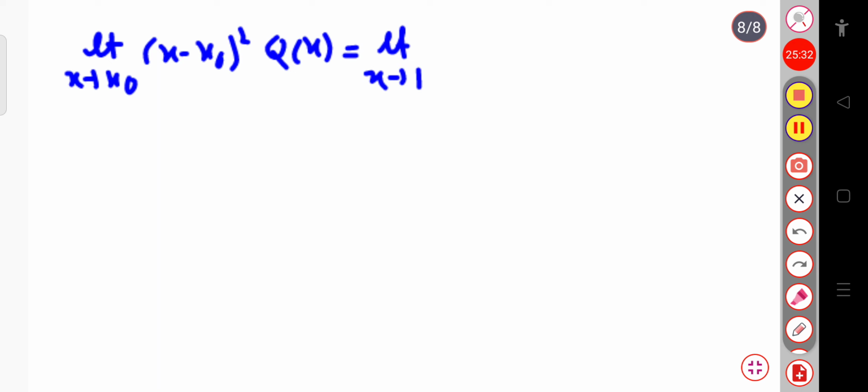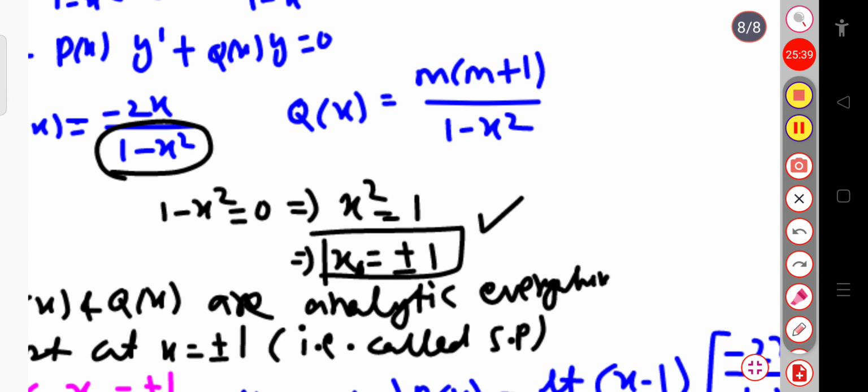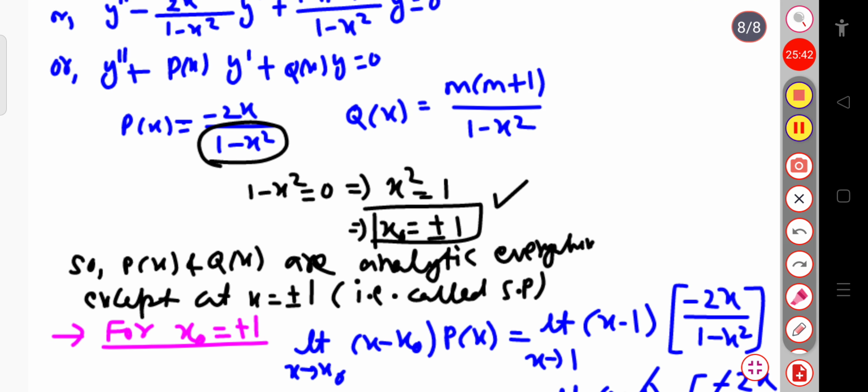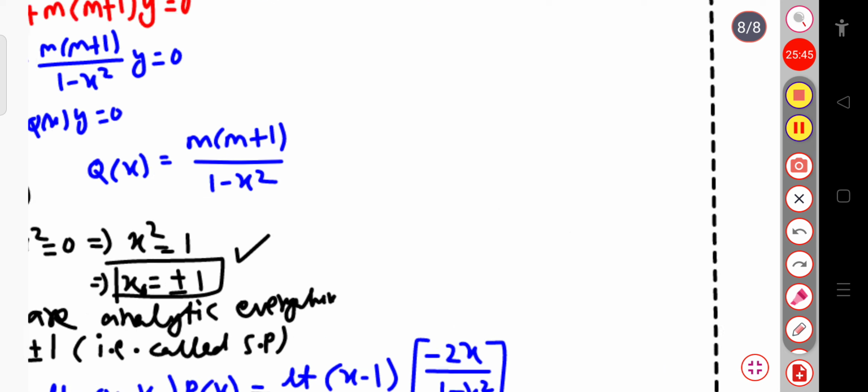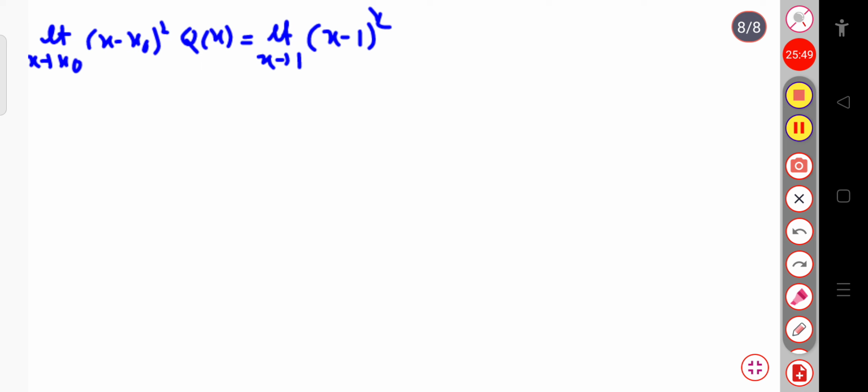And here it is x minus 1 whole square into, for the q of x, you can see the value of q of x will be equal to m into m plus 1 divided by 1 minus x square. This is your value. So if I put the value, so this will be into m into m plus 1.